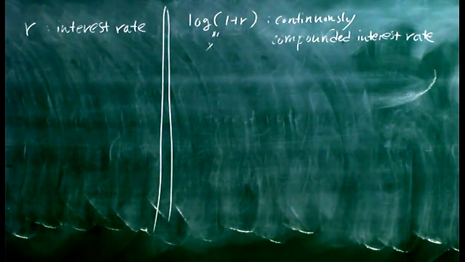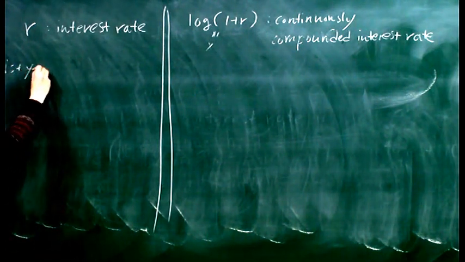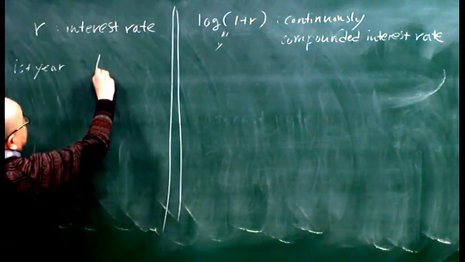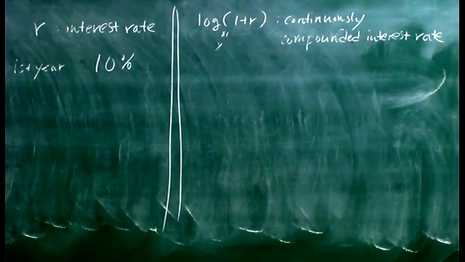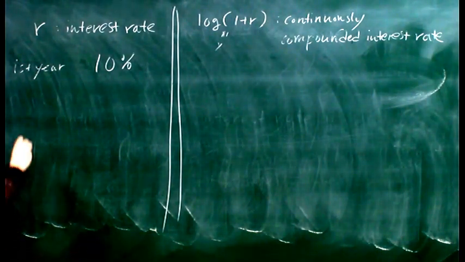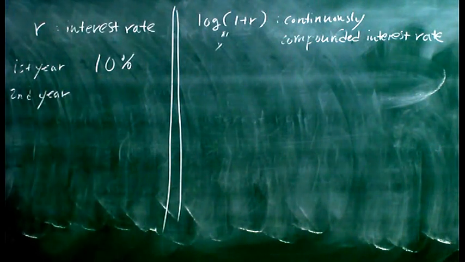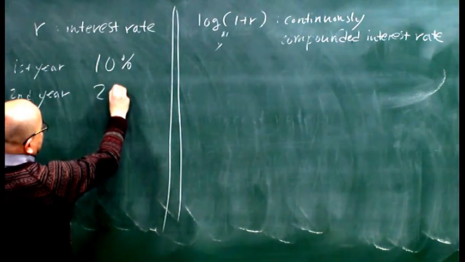Let's say the interest rate in the first year is 10%, and the interest rate in the second year is, say, 20%.